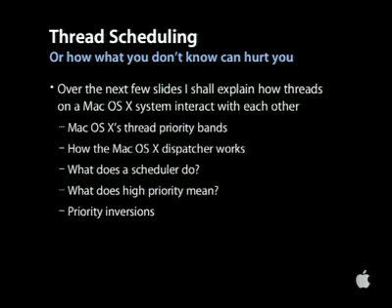Yes, we have different priority bands, but we don't really differentiate the way they operate. So over the next few slides, I'll be discussing the thread priority bands, how the dispatcher works, what the scheduler does, what it means to take high priority, because it's different to what most programmers think, and also priority inversions, which is a very standard problem that we're having now.